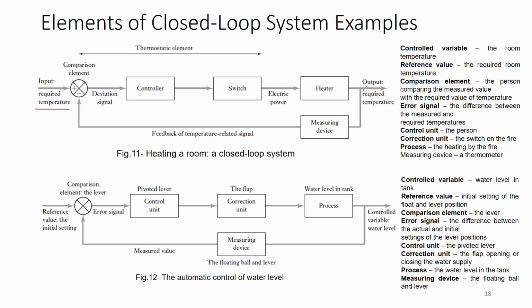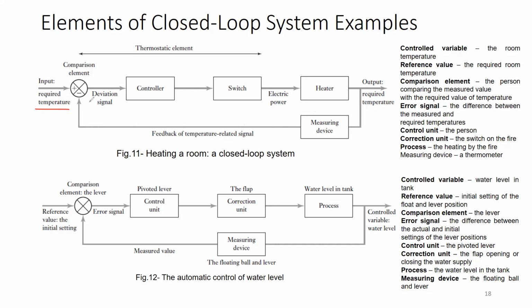The required temperature will be given to the room as the output. Whatever the temperature is, that will be measured, and the signal is again sent back to the comparison element, and till the required temperature has been reached, a digital form of signal is given to the controller at a continuous rate.